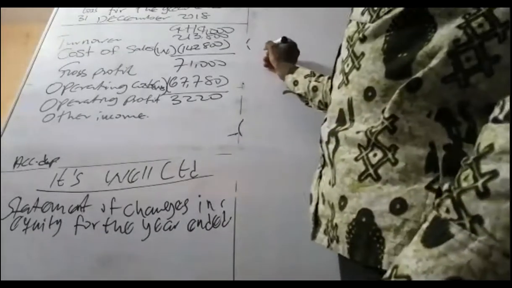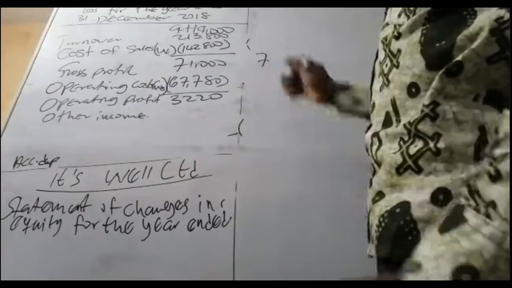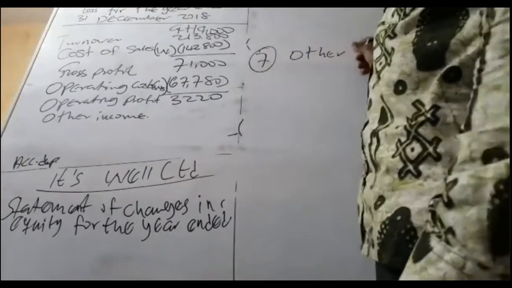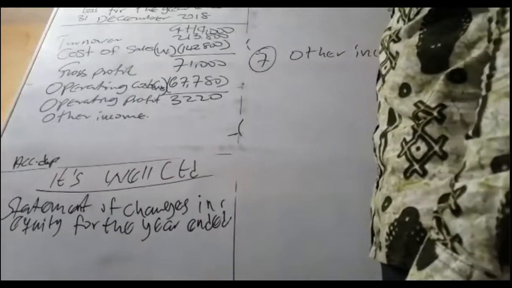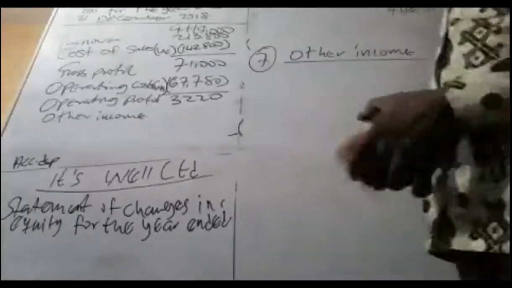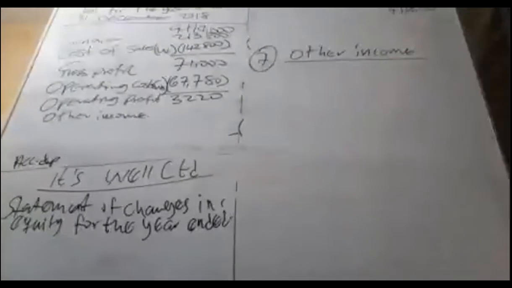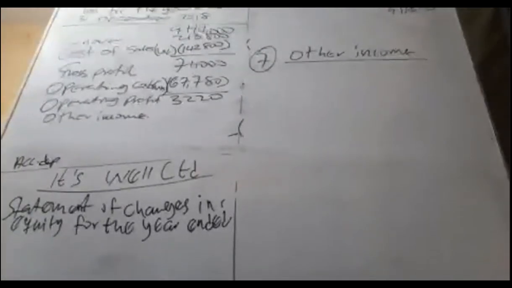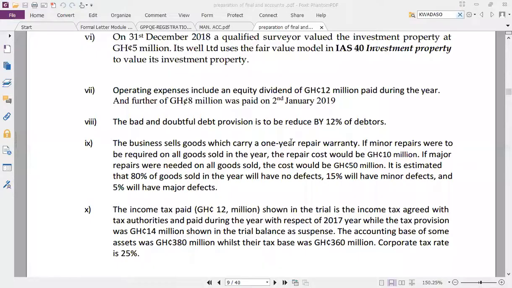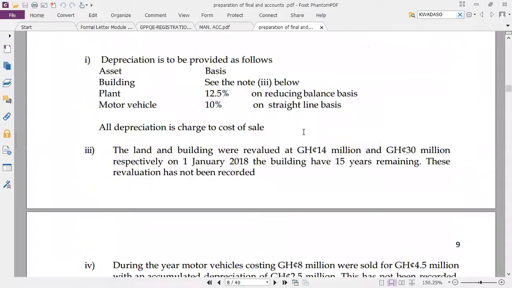Okay, so working 7, other income. So the other income includes what? Investment income, interest received, then rental income. So let's see if there's any other income in this trial balance. So let's start from the trial balance first before going to the footnotes.